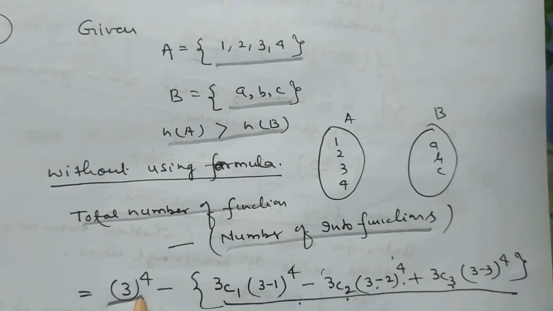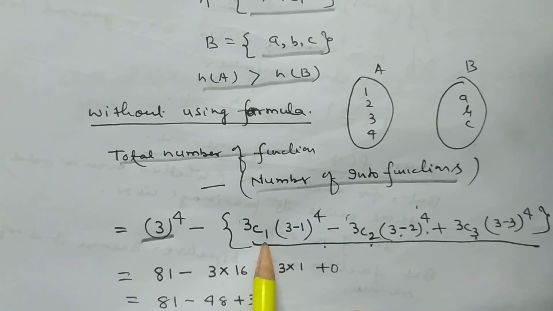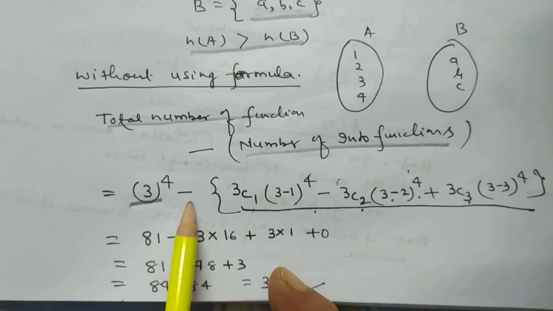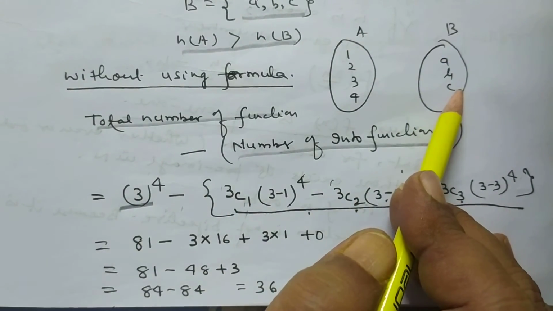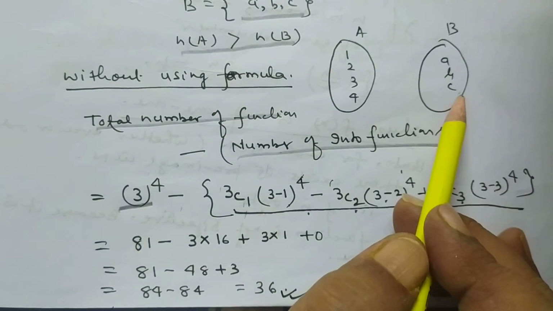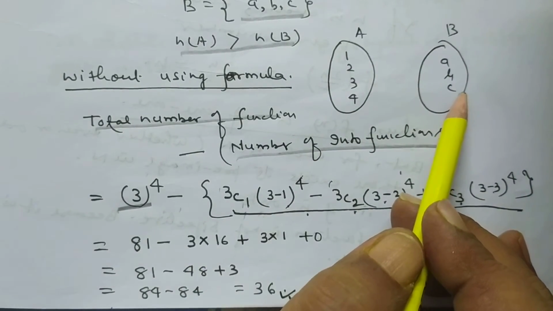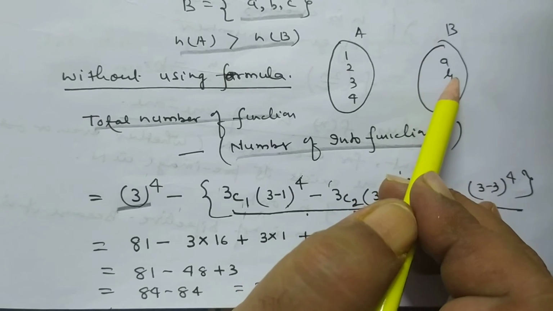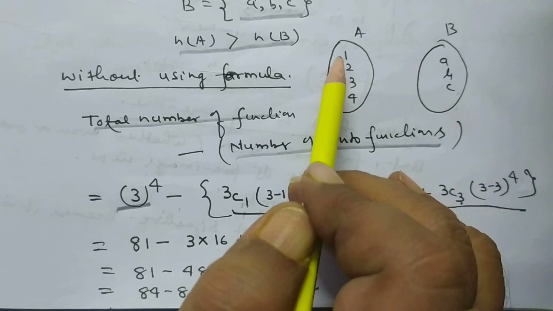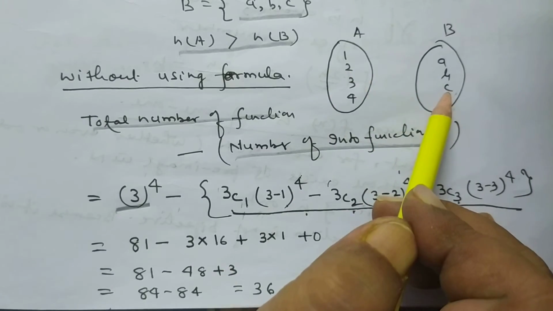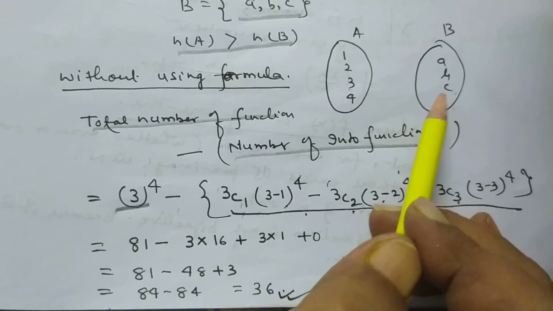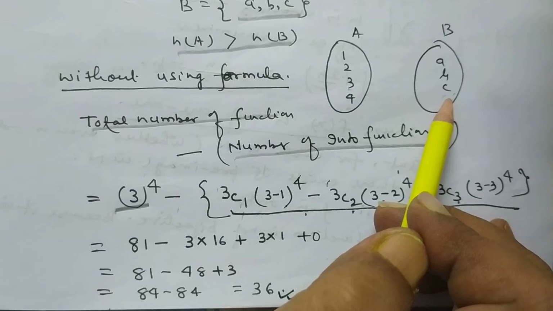So 3 to the power 4 minus 3C1, 3 to the power 4. Minus, we selected 1 out of 3, so how many remain? 2. So in how many ways can the image be formed? Here there are 2 elements, so 1 has 2 options, 2 has 2 options, 3 has 2 options, and 4 has 2 possibilities.